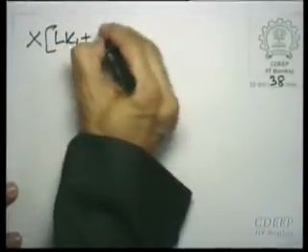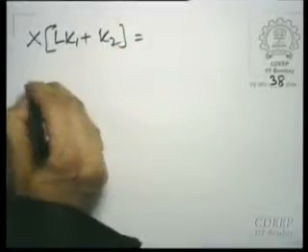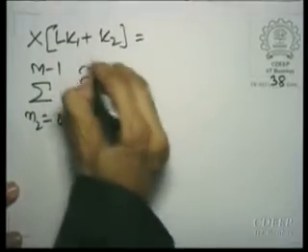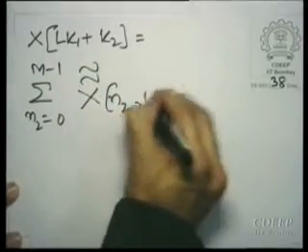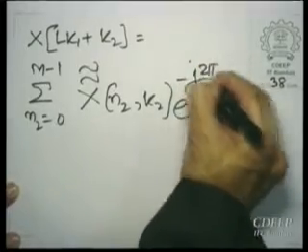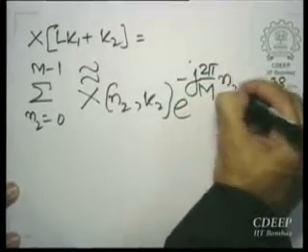So we have capital X, the final capital X, of L k1 plus k2 is summation n2 going from 0 to m minus 1 of x double tilde n2 k2 e raised to the power minus j 2 pi by n times n2 k1.